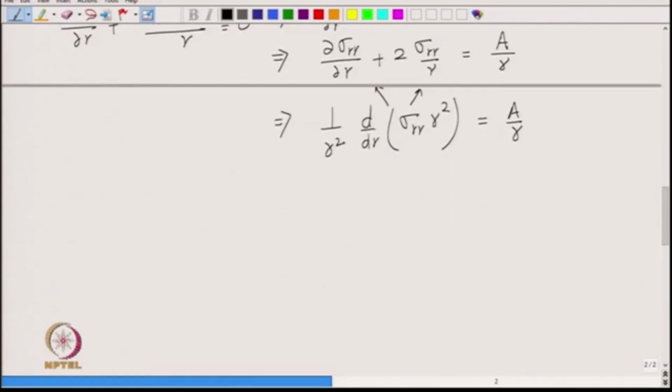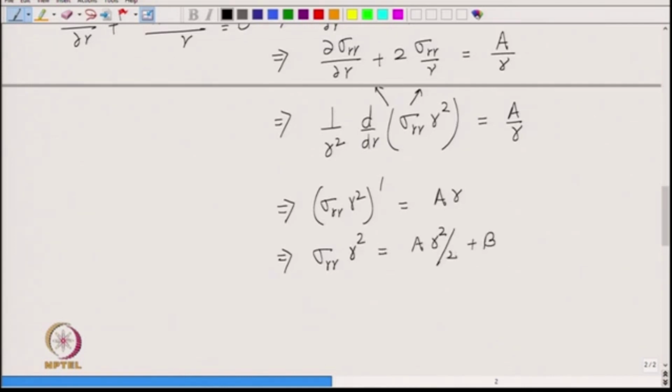All right, so we are almost there. This means (sigma_rr into r square)' is equal to a times r, correct, which further means that sigma_rr into r square is equal to a into r square by 2 plus b, and finally sigma_rr is equal to a by 2 plus b over r square.